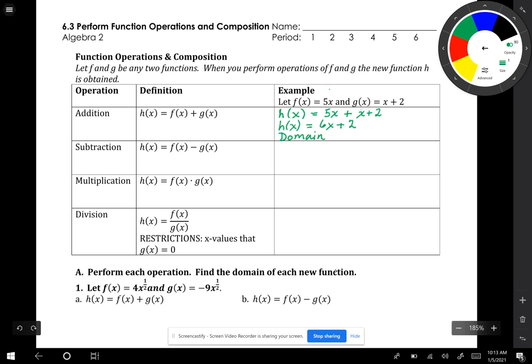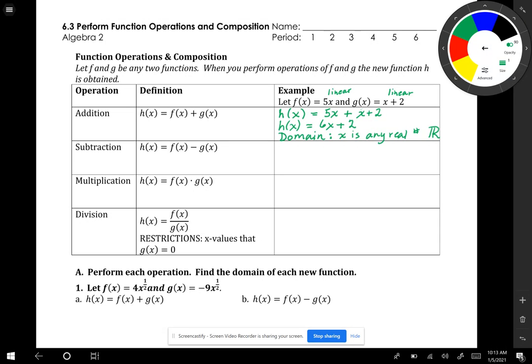This is linear. This is linear. And when something's linear, x can be any number. So the domain, x is any real number. And we denote that with that R, the fancy R. There we go. And that's how you would add two functions.